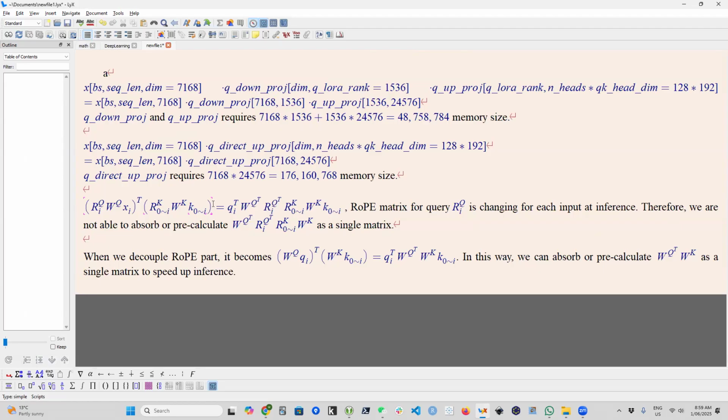This part is the input up to the current token.